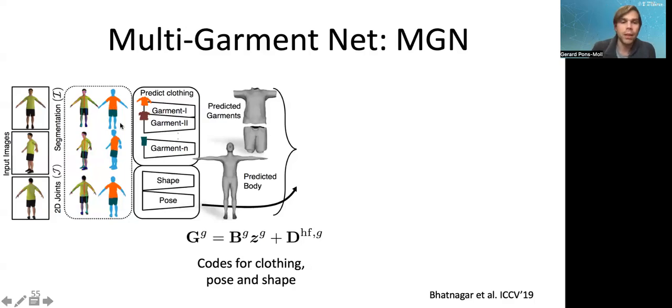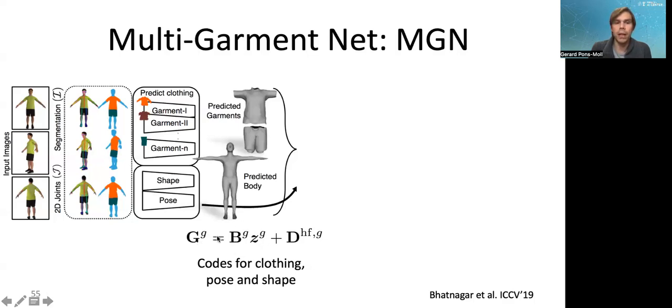This is applied here. So basically now you have different heads for each of the garments and a head for the shape and the pose of the person. And then basically you combine these predictions, and for the garments, you have a PCA model as well, where these are the eigenvectors and these are the coefficients.